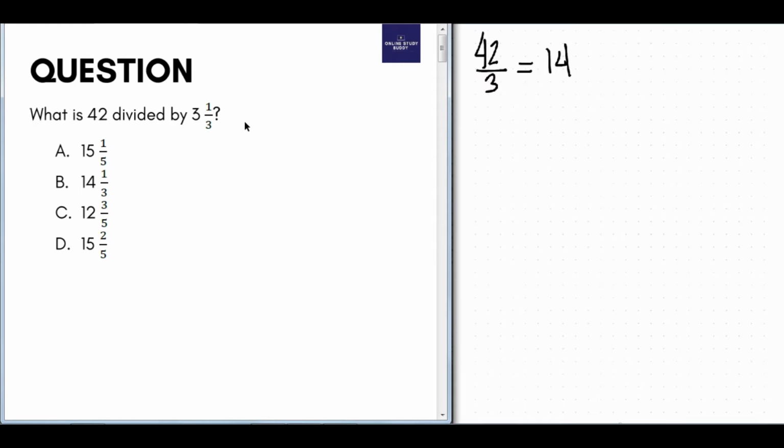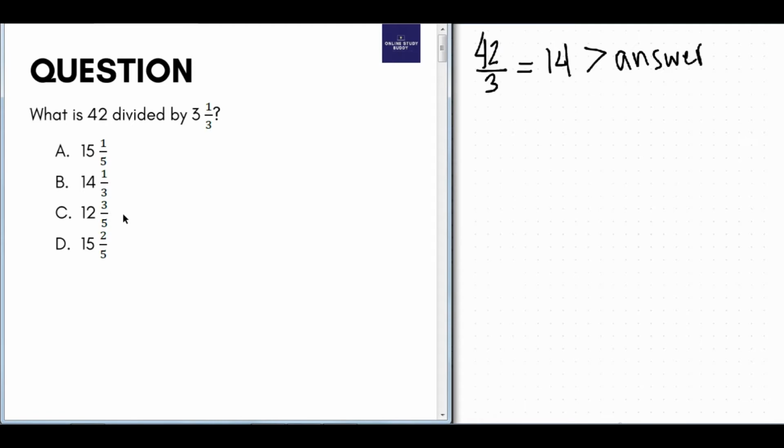So, since yung divisor natin, meron pa siyang 1/3 na kasama, yung answer natin should be less than 14. So, sa choices natin, yung letter C, 12 and 3/5, siya lang yung less than 14 sa kanila. So, ibig sabihin, most probably siya yung sagot.